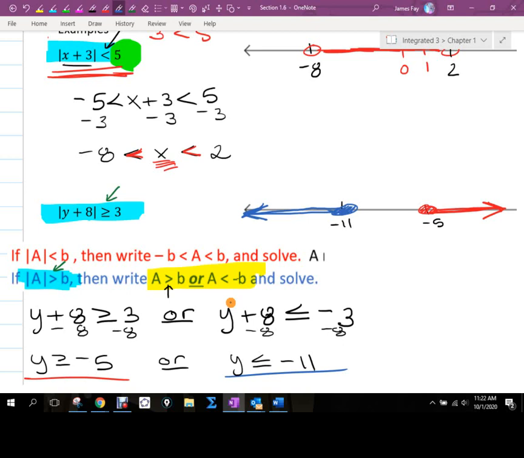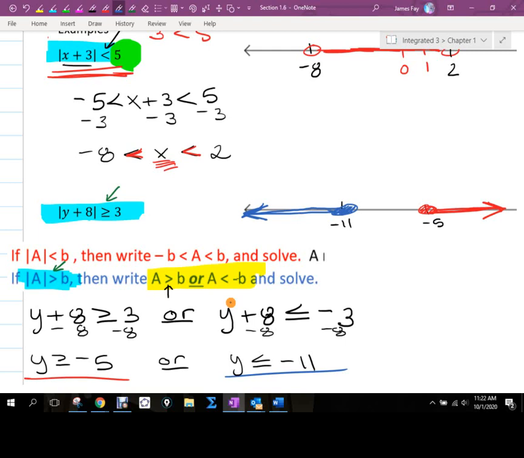Does that make sense? So give me a number that's in that red region. Negative 2, okay? So let's plug negative 2 in. Negative 2 plus 8 is 6, right? 6 is a number as the absolute value that is more than 3 units away from 0, isn't it? That makes sense to everybody?